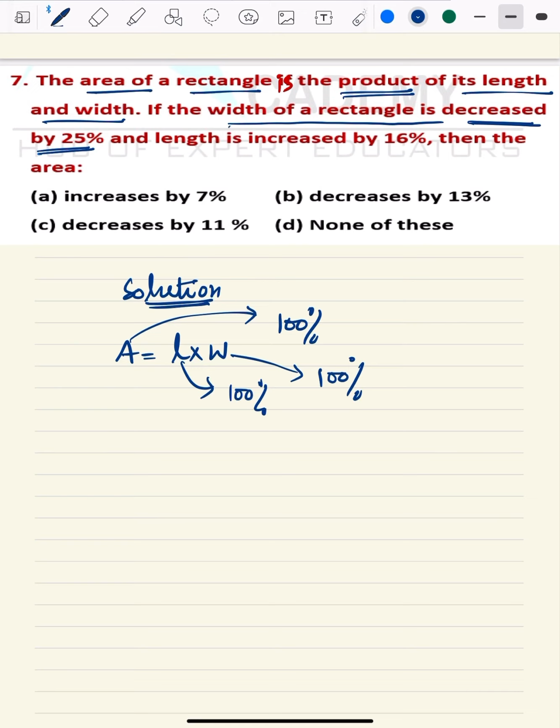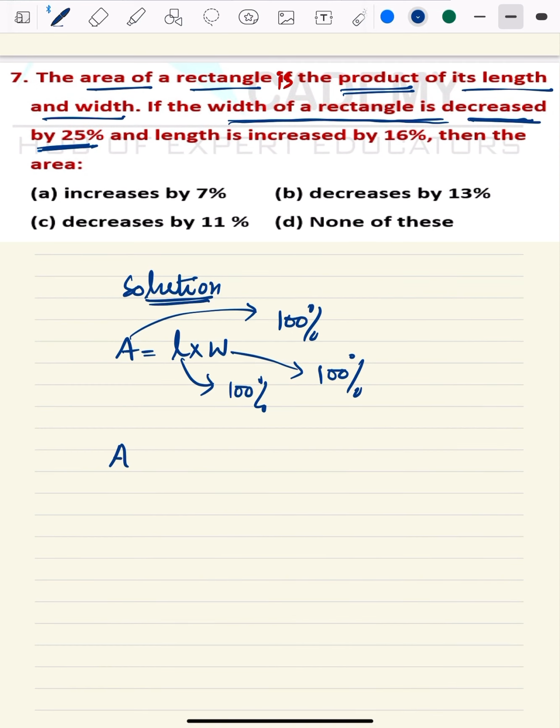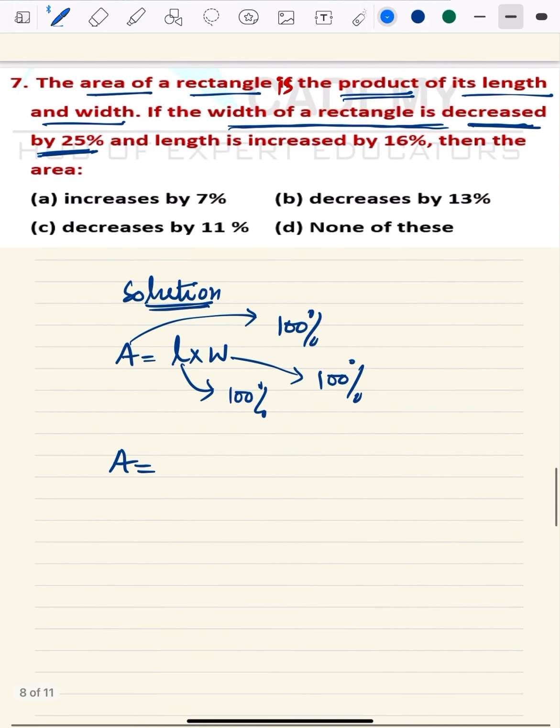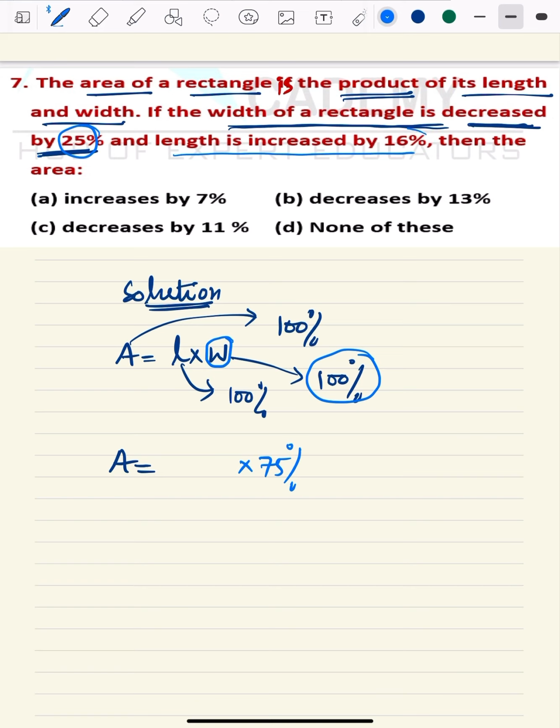Now if the width of a rectangle is decreased by 25%, it simply means the width is decreased by 25%. If in the starting it was 100%, now 25% is decreased, so this would be 75%. And the length is increased by 16%.